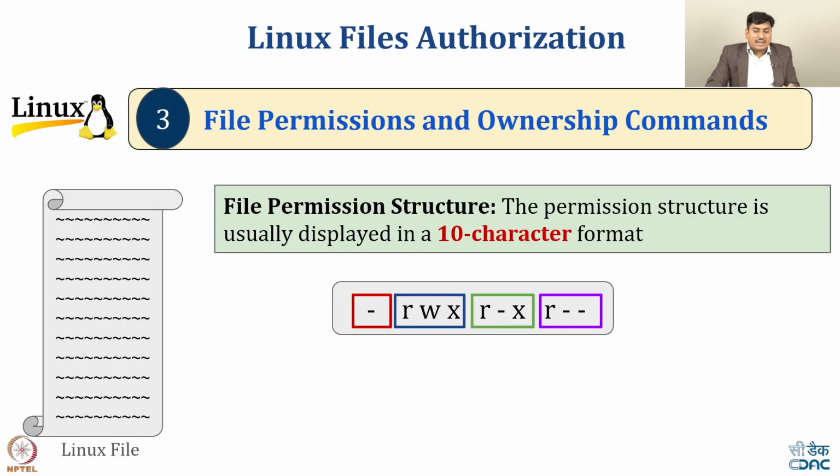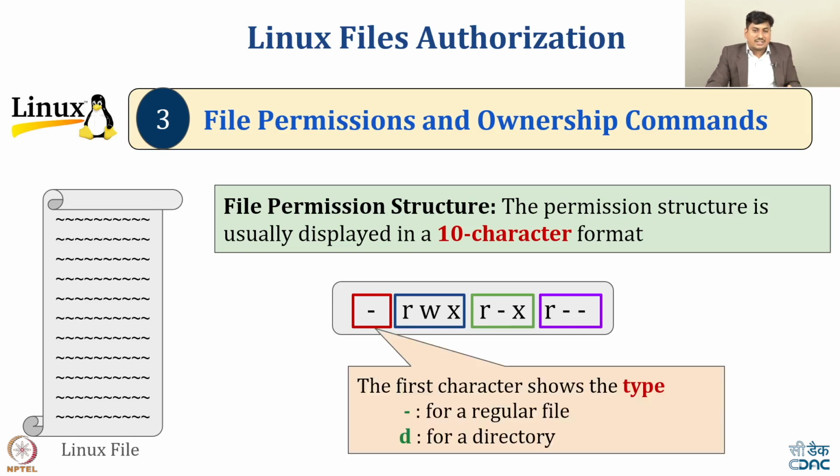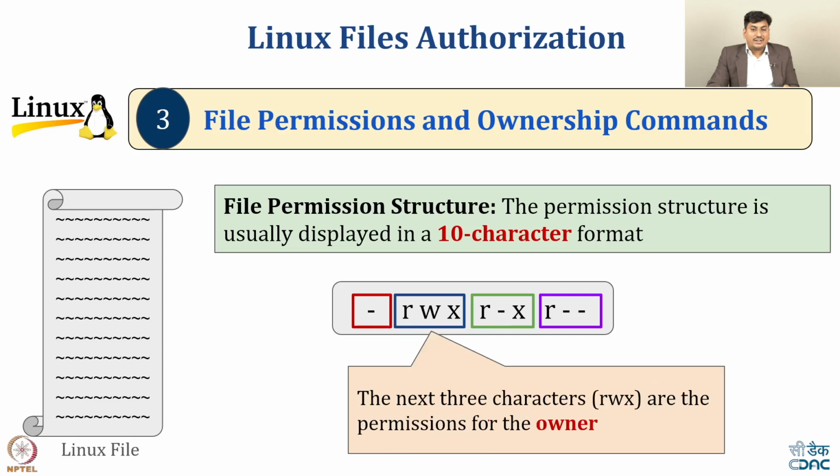Those aspects are divided into four parts, right. The very first character is the type of file. If there is a dash, it means the file present in that directory is a regular file, a normal Linux file, right. And if it shows d, it means it is a directory, right.